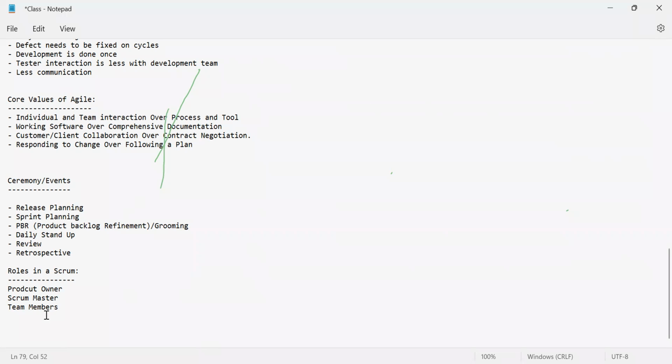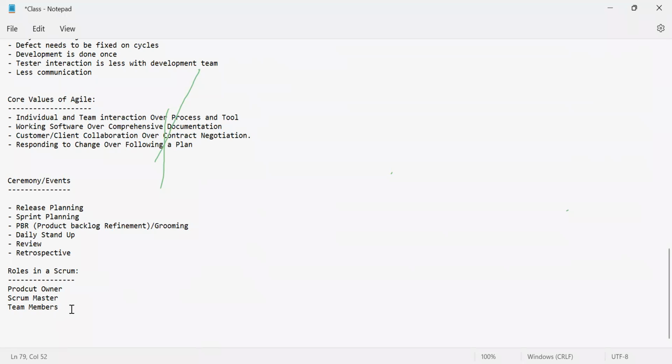Basically, a Scrum team will have 3 to 9 people, which includes the product owner, Scrum master, and the development team or team members.